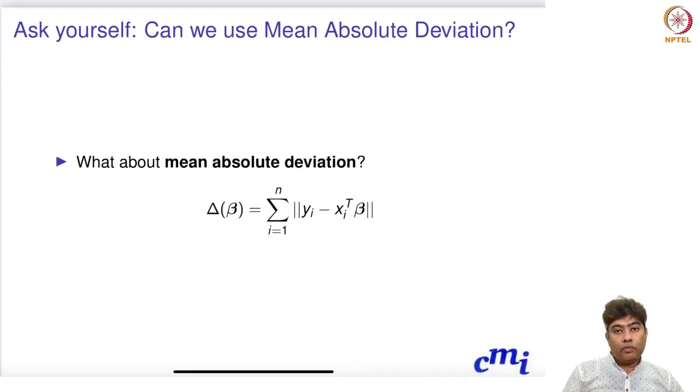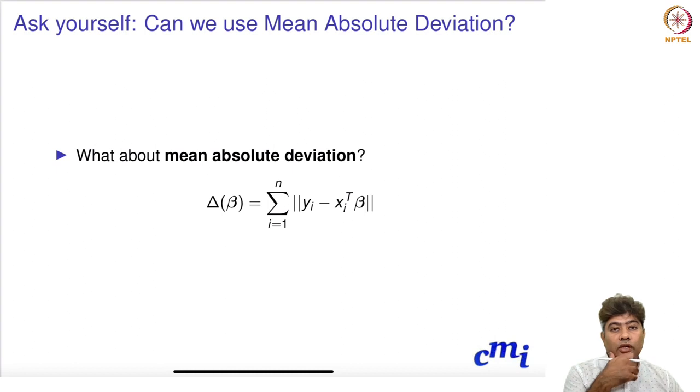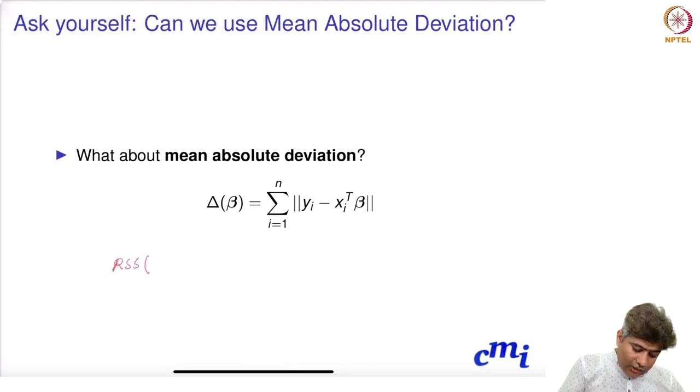Next, you can ask yourself, can we use mean absolute deviation? We are using the least square method. In the least square method, we are trying to minimize RSS of beta, which is essentially trying to minimize the sum of (yi minus xi transpose beta) whole squared, where i runs from 1 to n.